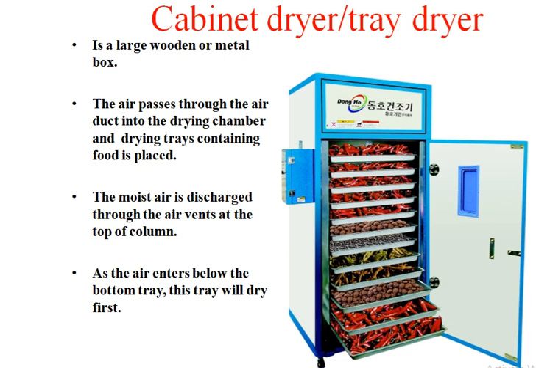The moist air is discharged through the air vents at the top of the column. As the air enters below the bottom tray, this tray will dry first. In this type of dryer, different solid food grains or solid foods can be dried.